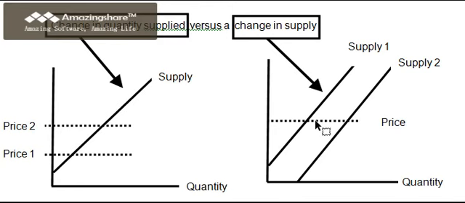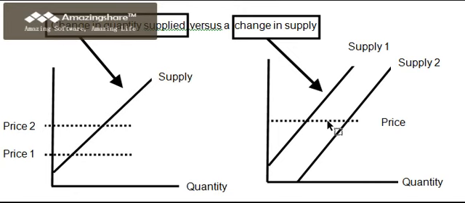It's not always the case, but this is just to illustrate. If the price is the same and you have two different points of quantity supplied, you would have a shift in supply, whether inward or outward. So this is an illustration of how supply looks.